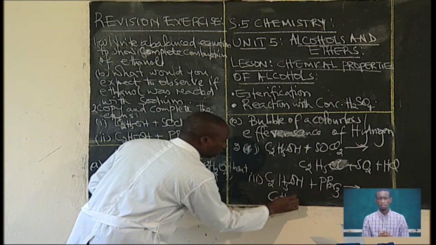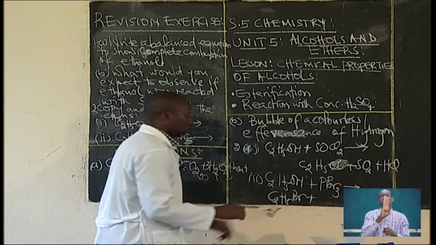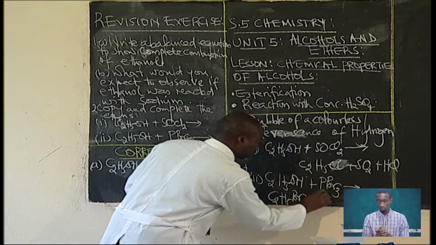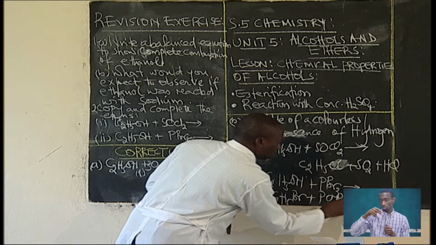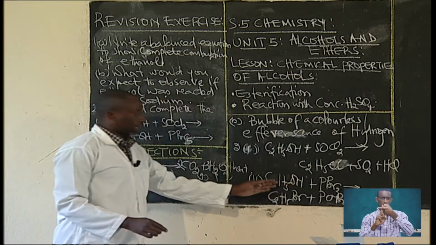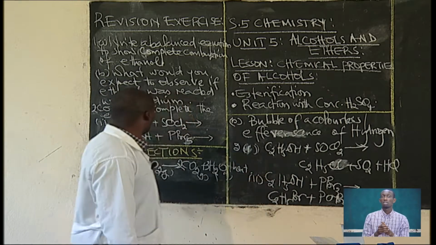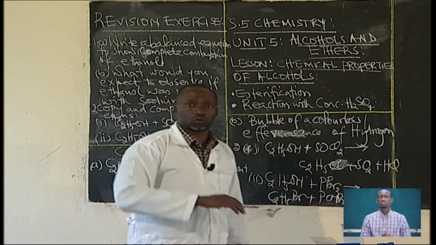As we said, the OH will be substituted with bromine, plus hydrogen chloride gas. So those are the products that are formed when we have these reactions. So far, these are some of the reactions that we did together.